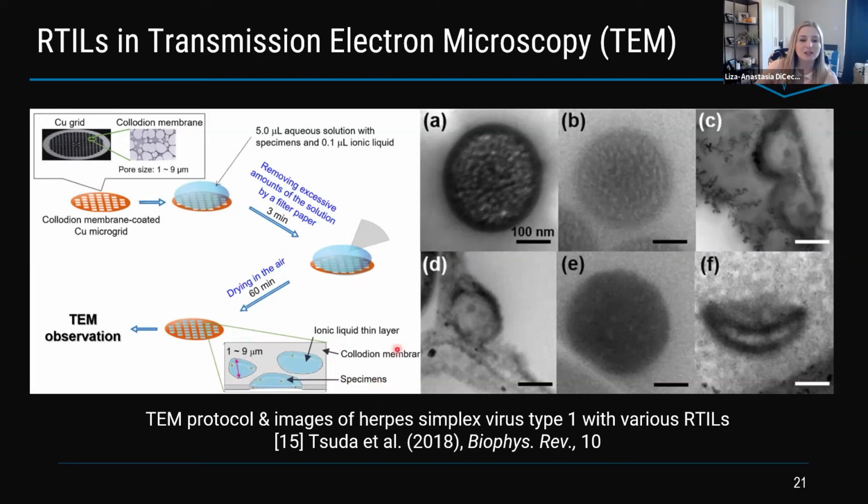Here they were able to look at these herpes simplex virus type 1 samples. There are quite different morphologies, and they talked about this in the paper, where some of them may have been artifacts from the solution themselves, but in B, D, and E, you have structures you can identify features from that look similar to the structures that they're expecting.